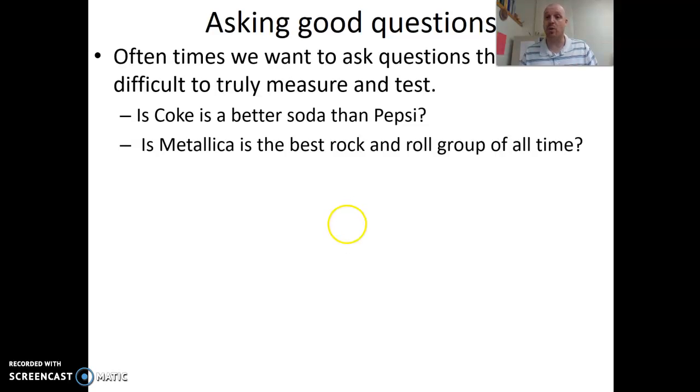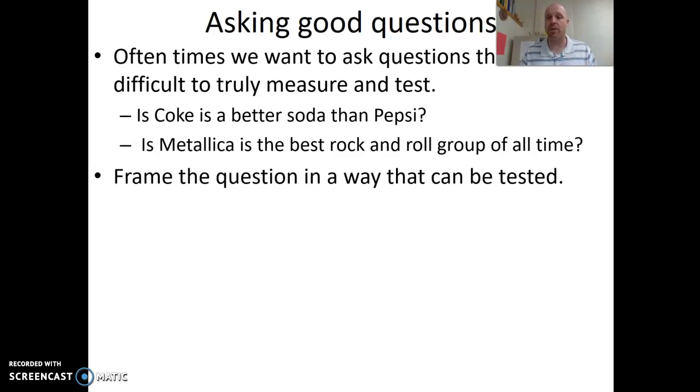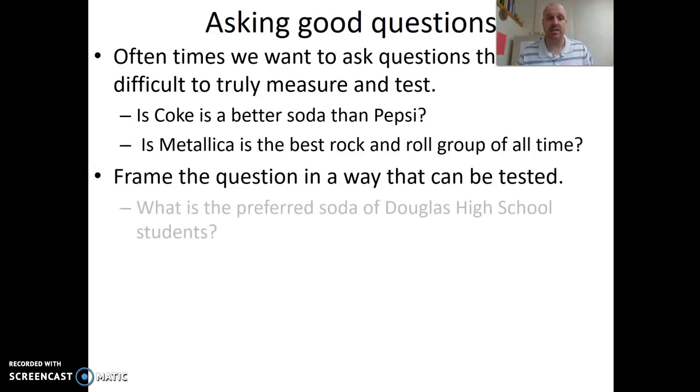So we want to ask a good question using the same ideas, and here's what it can look like. We're going to frame the question in a way that it can be tested. So what is the preferred soda of Douglas High School students? That's why we can say, well, Coke is more preferred than Pepsi. So it's a preference. It's not, does it taste better? Does it give you more energy? Now, those are all more specific questions that we could actually test.